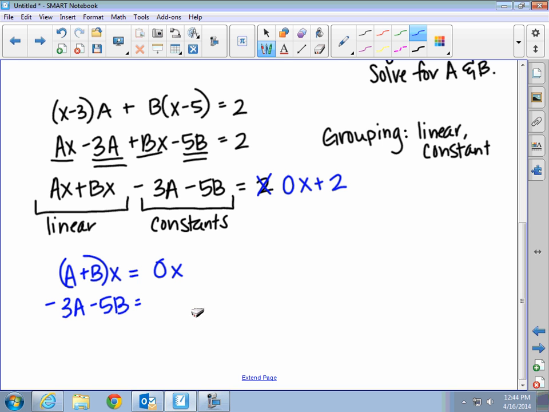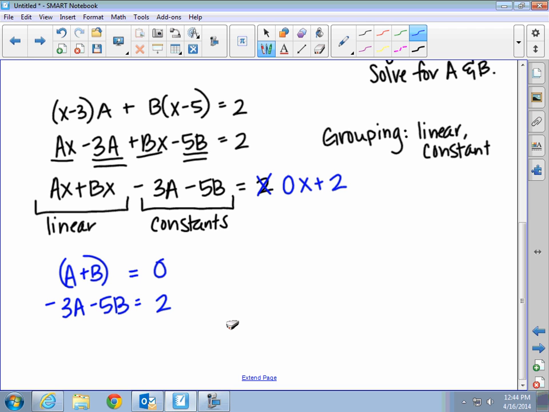Not 0. It equals 2. That's the constant part. Okay? So here's what you have. This x really doesn't matter here. I'm going to get rid of it. These x's can go away because all we care about is creating a system. Okay, so a plus b equals 0 and negative 3a minus 5b equals 2.